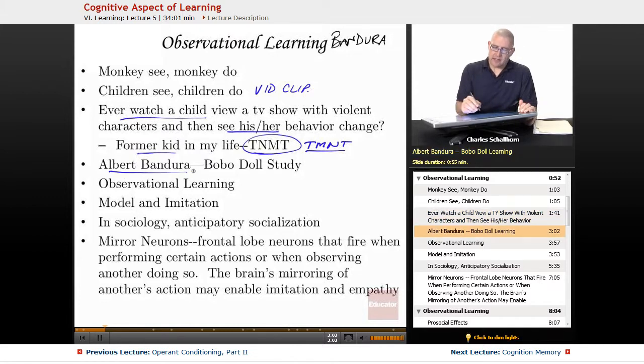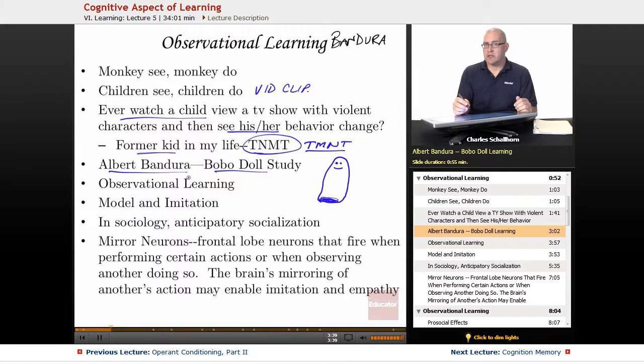Albert Bandura. He did this thing with the Bobo doll study. And again, I will include some YouTube links. Kids were watching this video, and there's this Bobo doll. It's weighted at the bottom, and it's one of those inflatable dolls where you punch it and it rolls over and then it comes back up. What Bandura did was he showed different groups of kids models doing certain things with the Bobo doll.